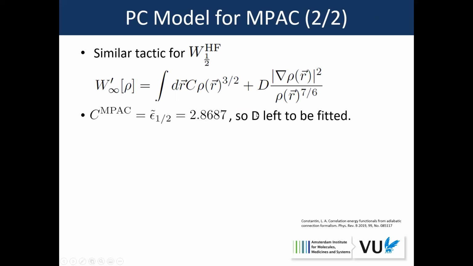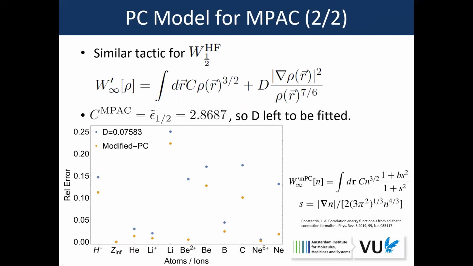So we again are only left with D to be fitted to the Z infinity data, which we can do, as you can see here. And we see again that the blue ones and the yellow ones, which is again this modified PC, are fitted on the Z infinity and also give a low relative error, although this is slightly higher.